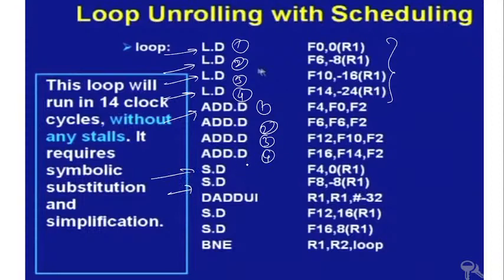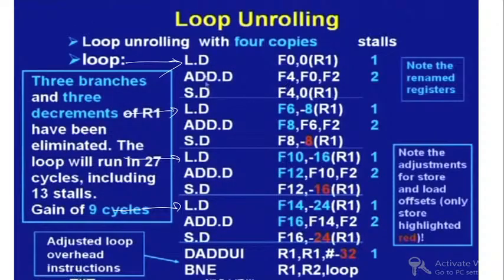And it is rearranging, first store, second store, third store, fourth store. This loop will run in 14 clock cycles without any stall. There is no stall here because first it is executing all the load instructions. Earlier there was a dependency: load and then the add instruction using these registers, so that way it was creating a stall.